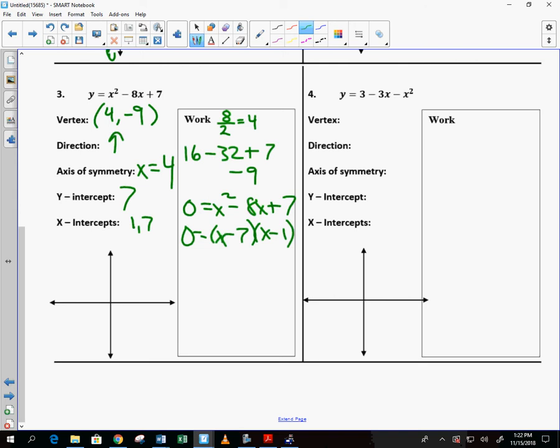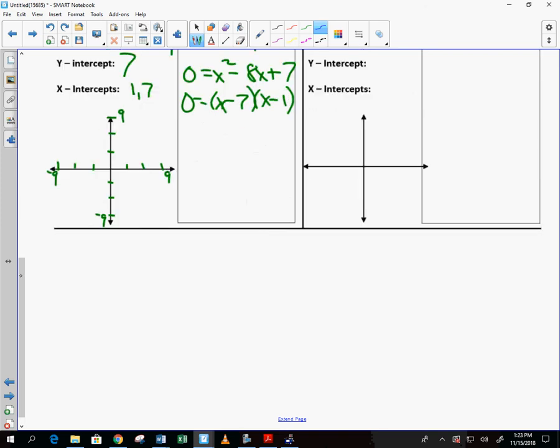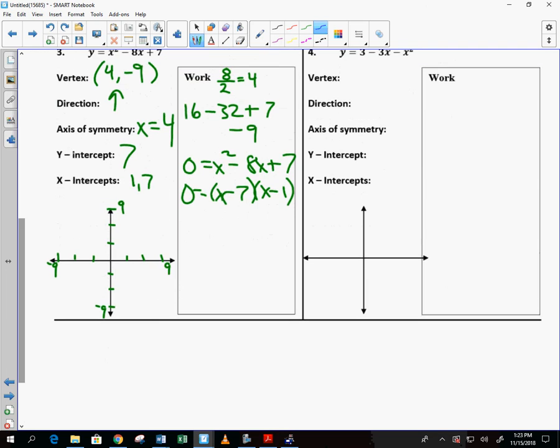I'm going to make a graph. I'm going to go by threes. Four, negative 9: over 4, down 9.